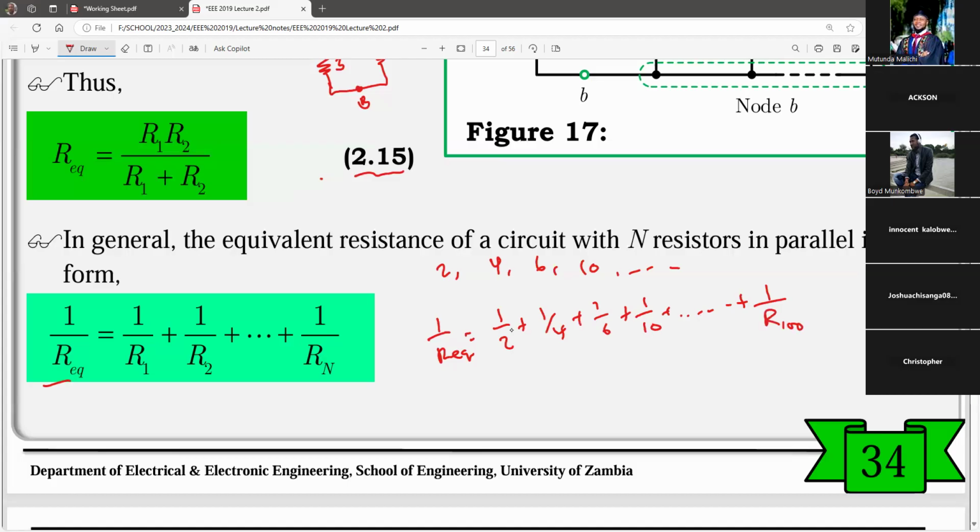When you have this, you then determine what Req is. You know what to do: you have to take the reciprocal of whatever total you get from that summation.